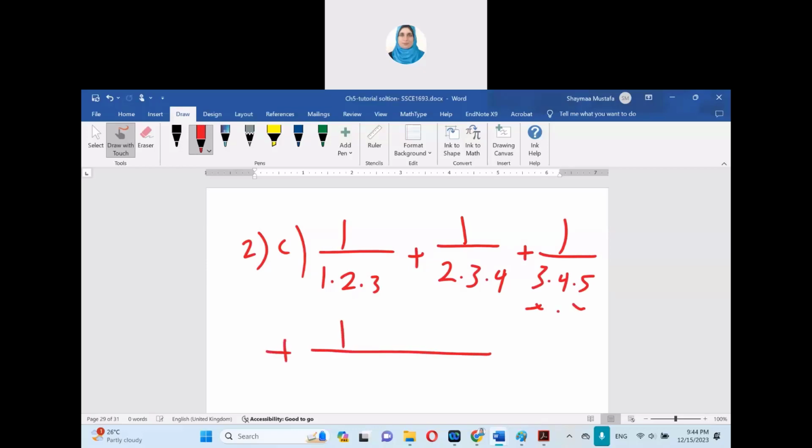Here you need to write the nth term. The first one, 1, 2, 3, is an arithmetic sequence, so this one is 1 over n times (n+1) times (n+2). This is the nth term.